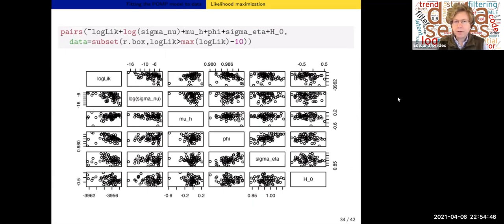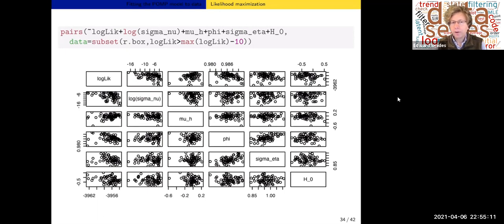What I've done here for sigma nu, we were quite interested in whether there's any evidence that it's non-zero. When we just plotted sigma nu on a natural scale, the points were bunched up near 0. Now I've plotted on the log scale, and I think it becomes increasingly clear that sigma nu can get arbitrarily close towards 0.